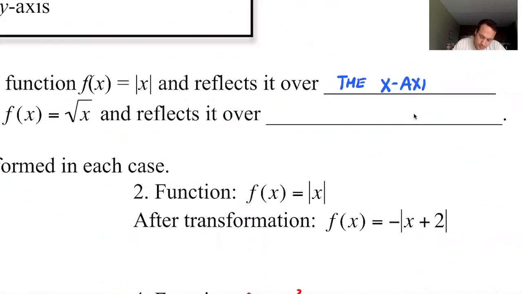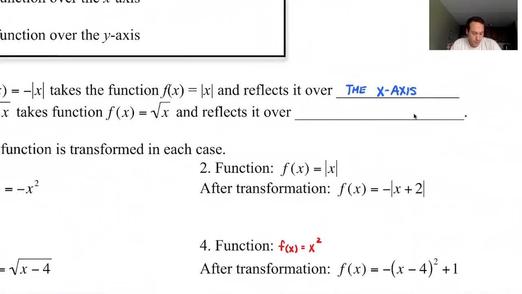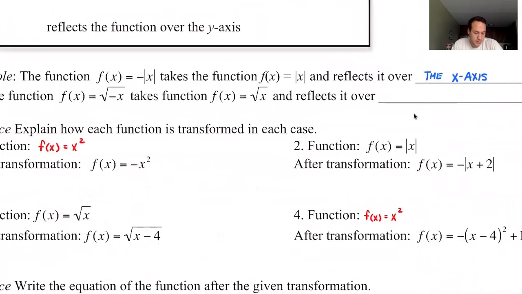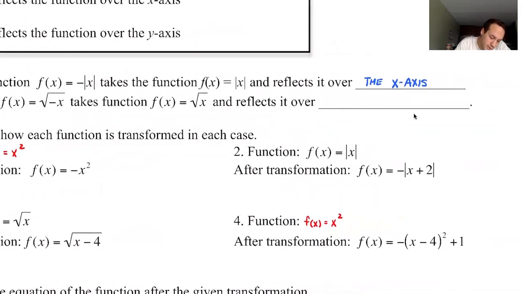There we go, okay? If I take the square root of negative x, this takes the square root function and reflects it over the y-axis, okay?